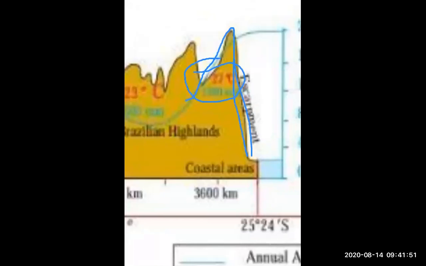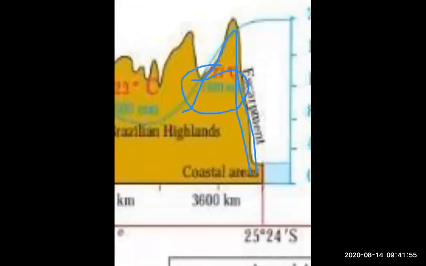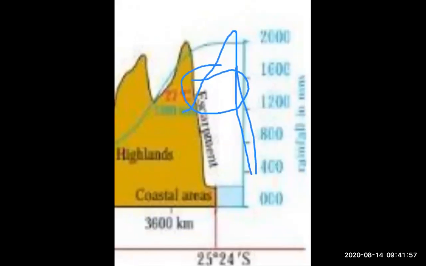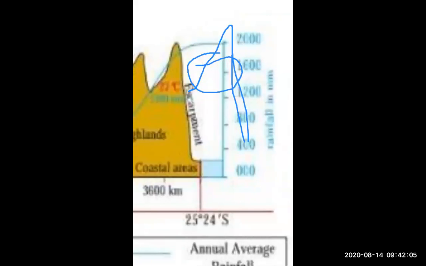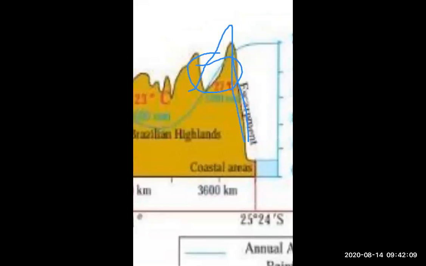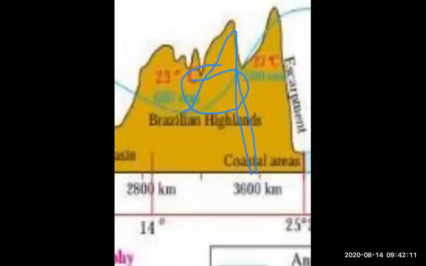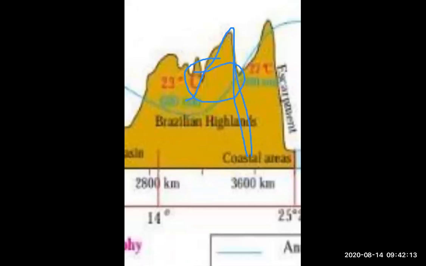And the rainfall is approximately 2000 millimeter. In the escarpment area, the temperature is 27 degrees Celsius and rainfall is 2000 millimeter. After that, when we are talking about the Brazil Highland, temperature is 23 degrees Celsius.